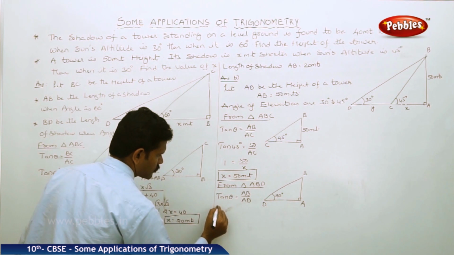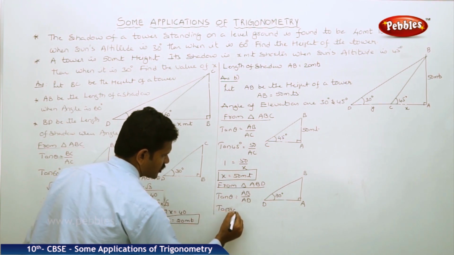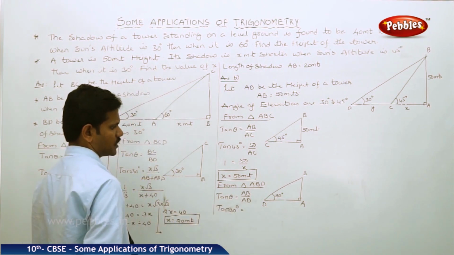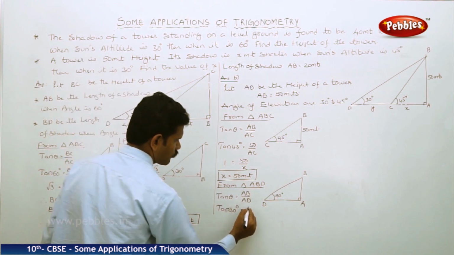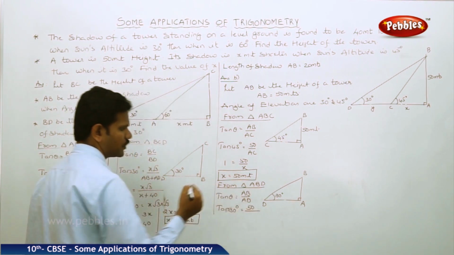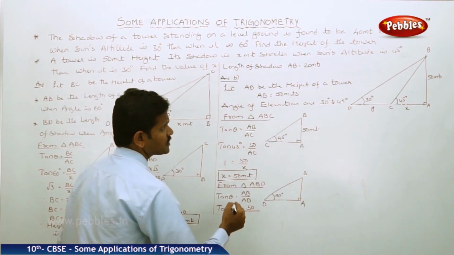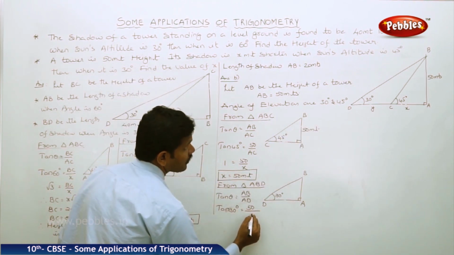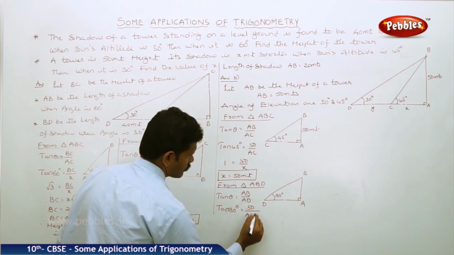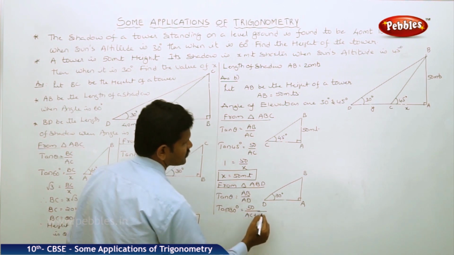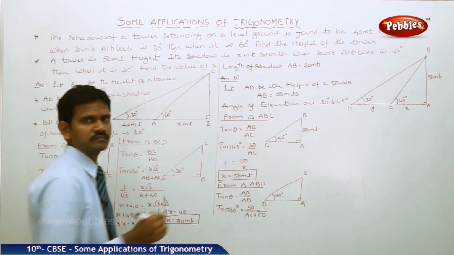That is, tan 30 degrees is equal to AB 50 by AD, breakdown into the two parts, that is AC plus CD.